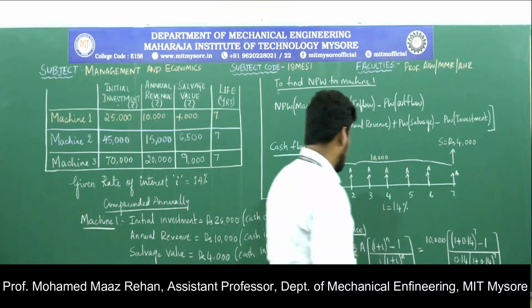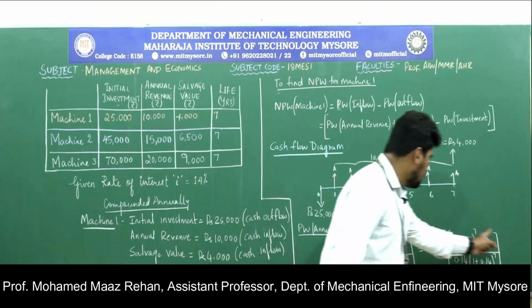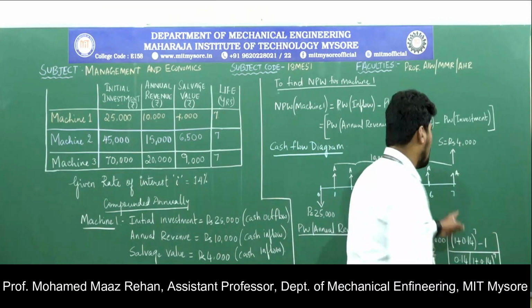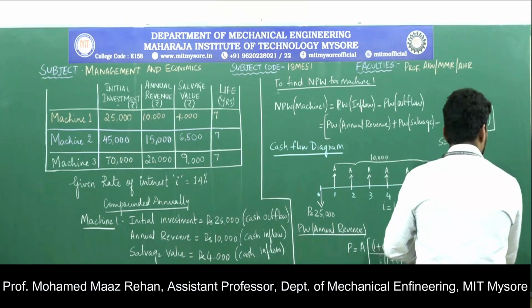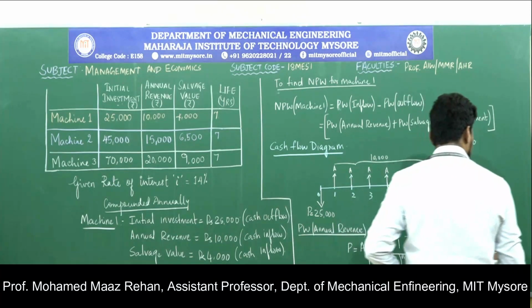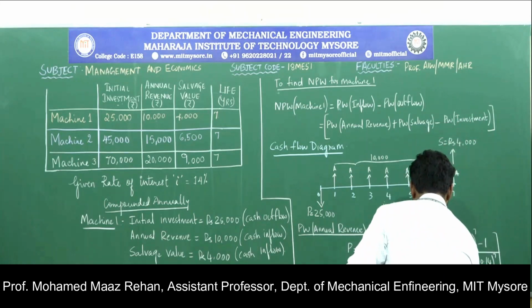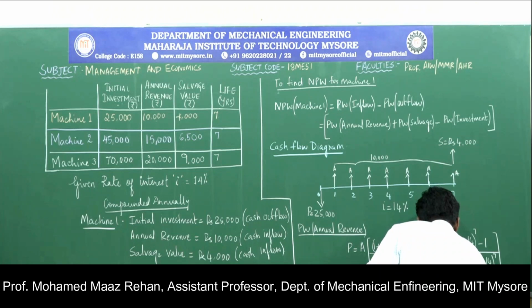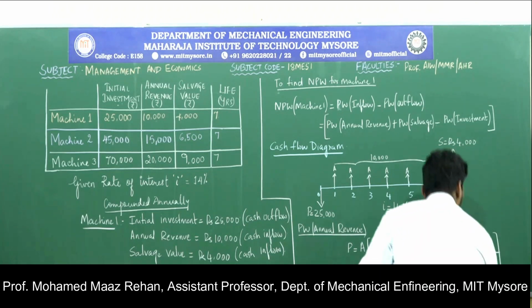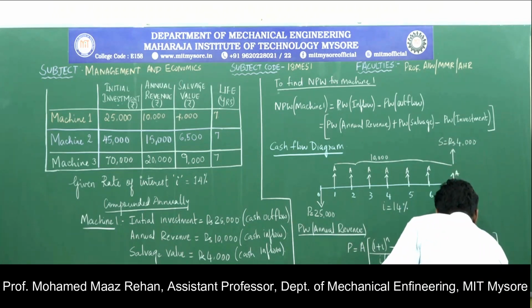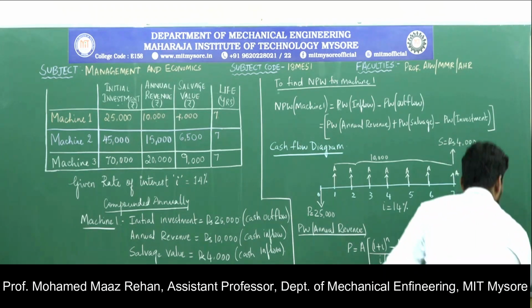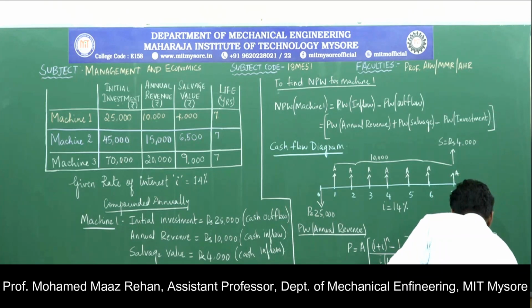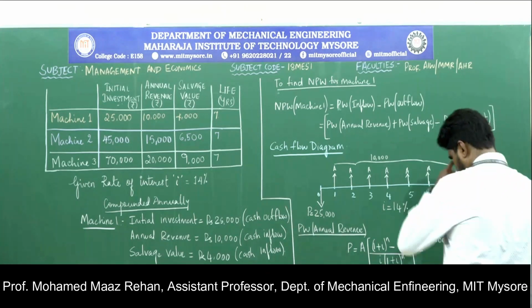Okay, so if you find out these values, what will be the answer you will be getting? You will be getting 10,000 multiplied by 4.2883.